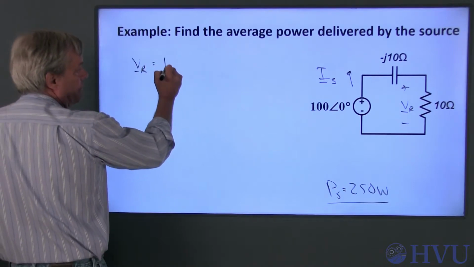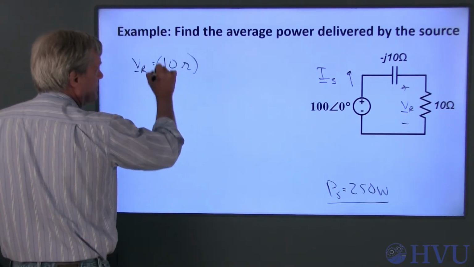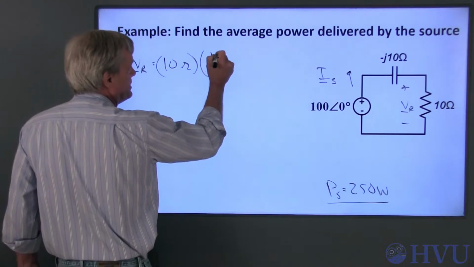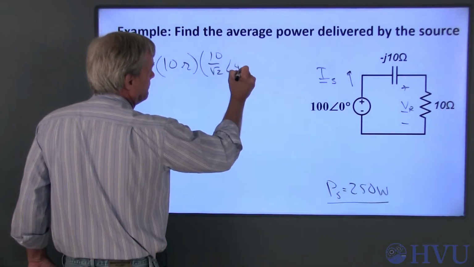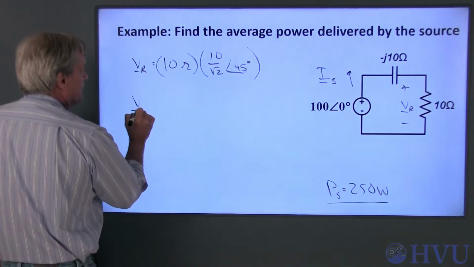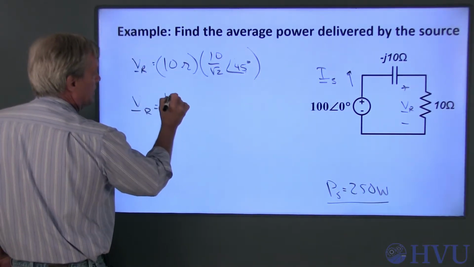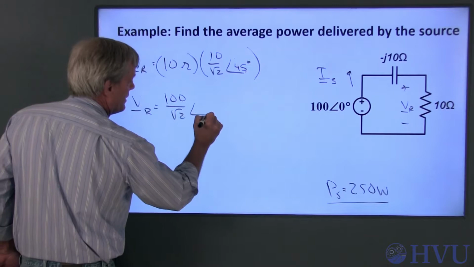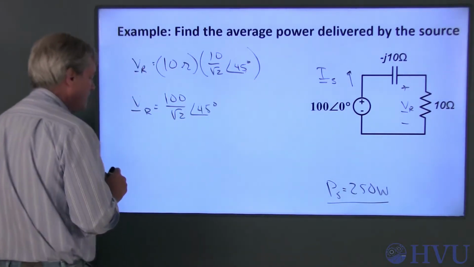So V sub R is 10 ohms times I sub S, which was 10 over root 2 at an angle of 45 degrees. So resistor voltage is 100 over root 2 at an angle of 45 degrees.